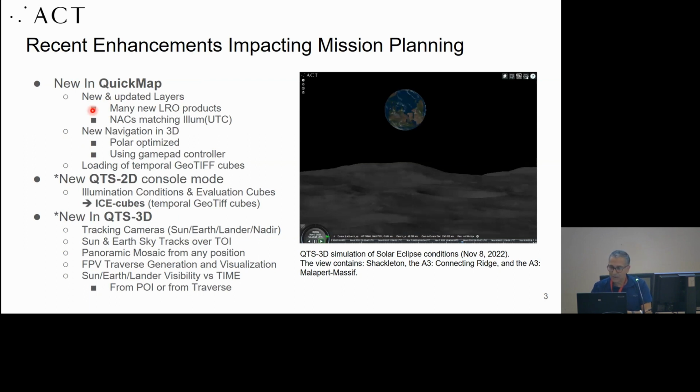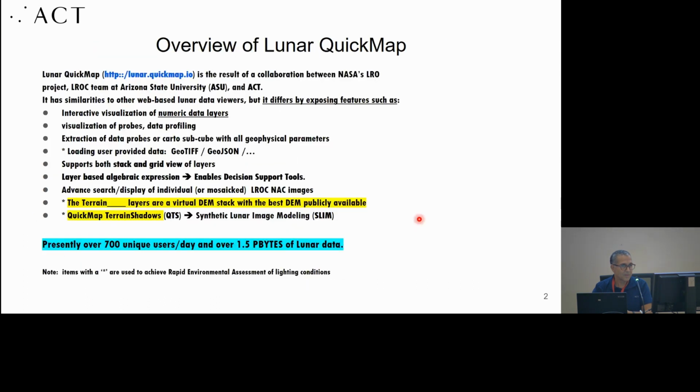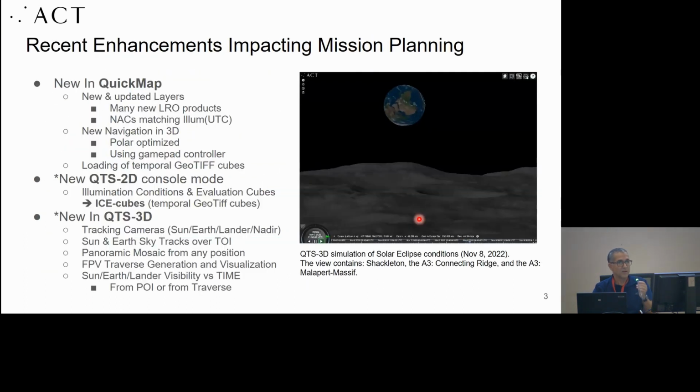And here on the right-hand side, you see a solar eclipse actually happening, simulated in QTS 3D.